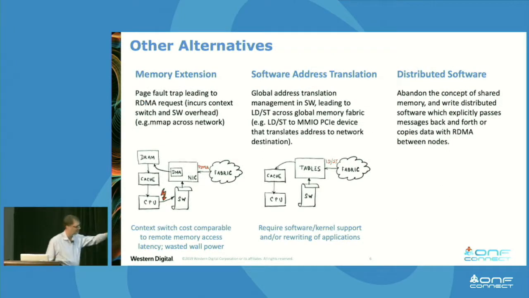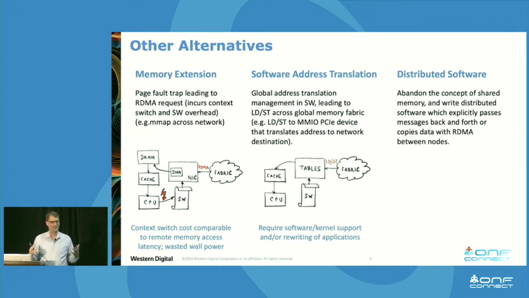So getting back to this thing of what would you do if you don't have cache coherency? Well, I'm not going to spend too much time on this, but you can write distributed software. If you have a distributed system with a bunch of computers connected together over a network, and you wanted to write a program that runs across multiple nodes, you would write distributed software, which means that you would use something like message passing or RDMA to copy data back and forth between the nodes, and you would have to do that explicitly.